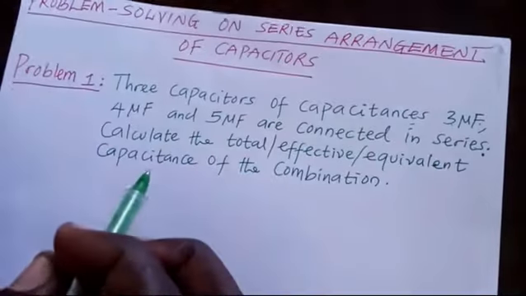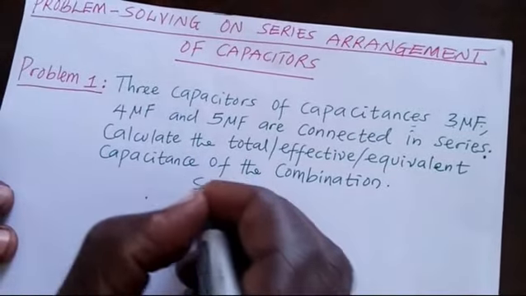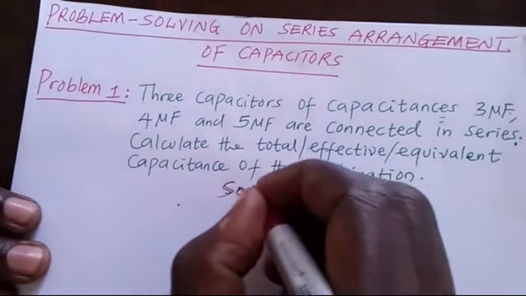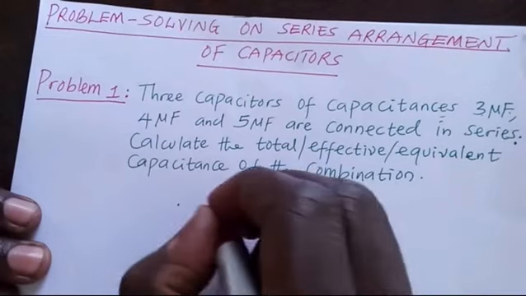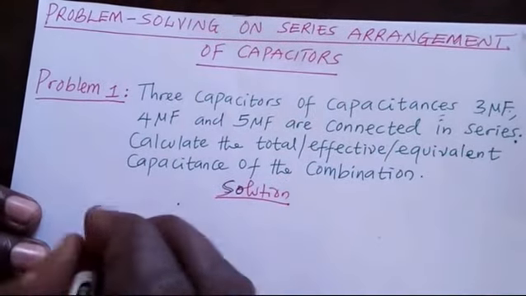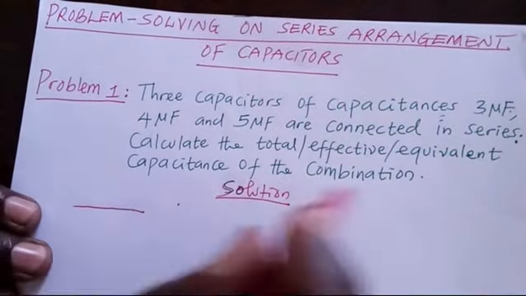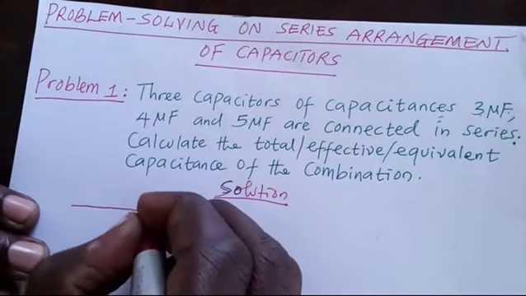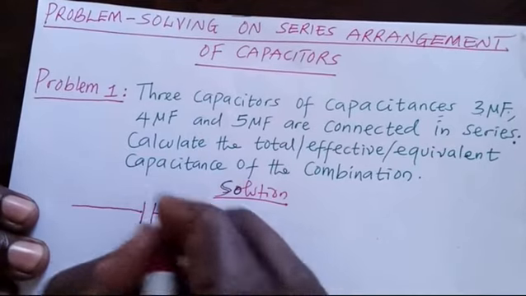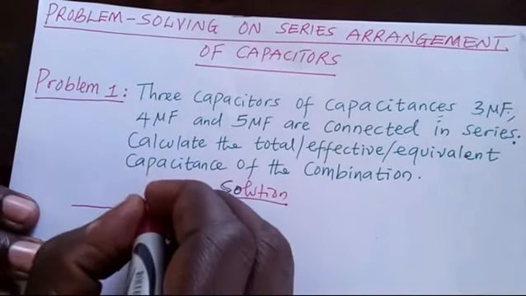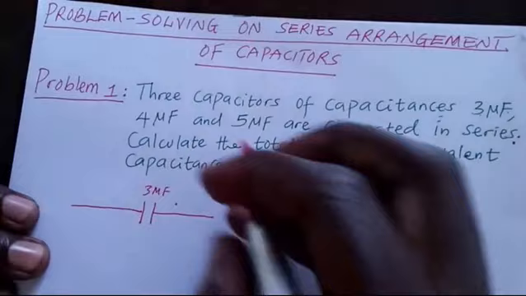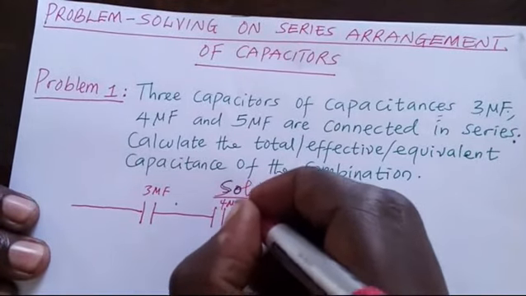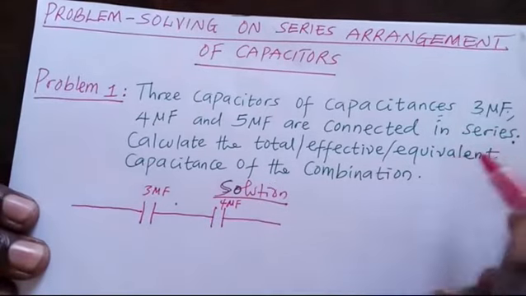Whenever there is a problem related to a circuit diagram, I prefer drawing it. The first capacitor has a capacitance of 3 microfarad. The second one has 4 microfarad. They are all connected in series.